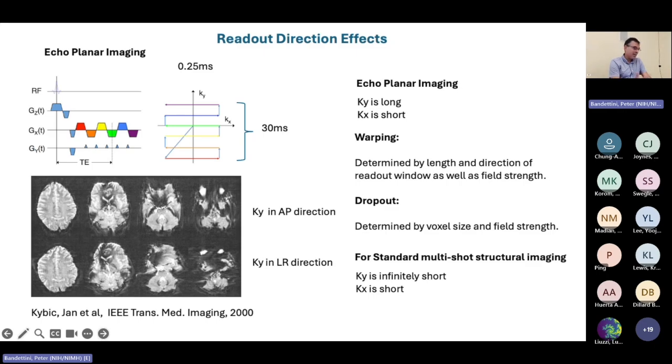Essentially, because it takes so much longer to go bottom to top, you'll have much more time for spins to get out of phase going in that direction. So the warping will be in that direction, essentially. This is where KY was in the AP direction, and this is where KY was in the left-right direction. You can see the warping is totally different.